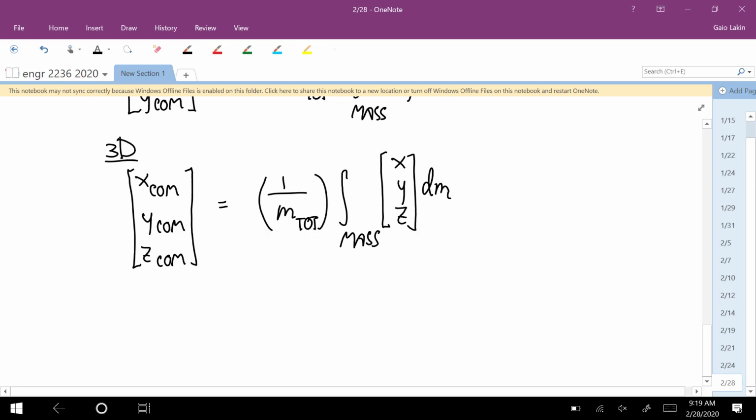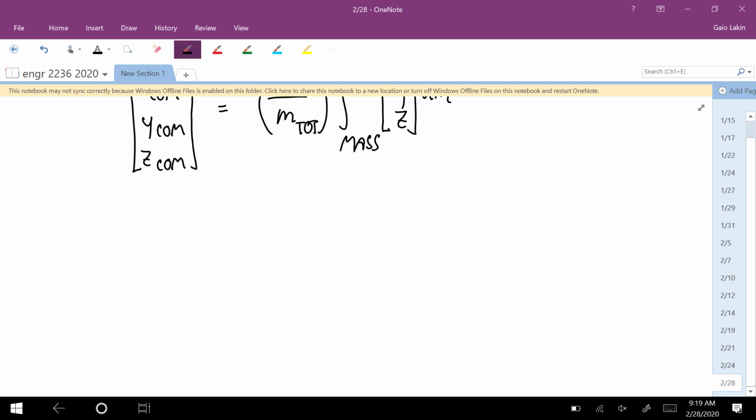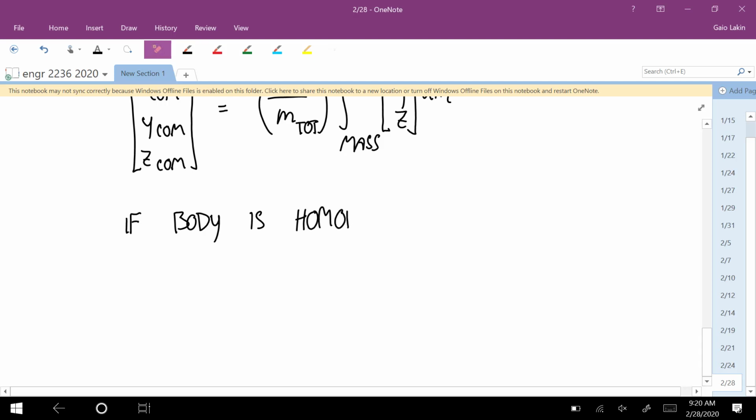Usually we're not going to think of it this way. If the body is homogeneous, and homogeneous means that it's the same material everywhere, then the center of mass is the centroid.